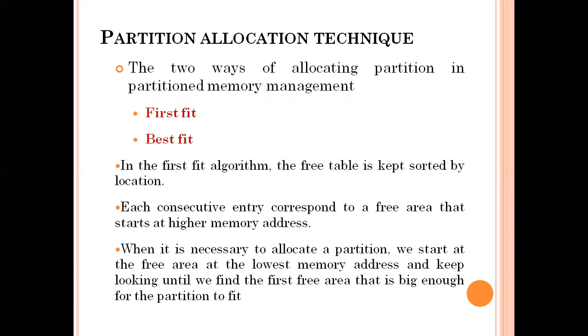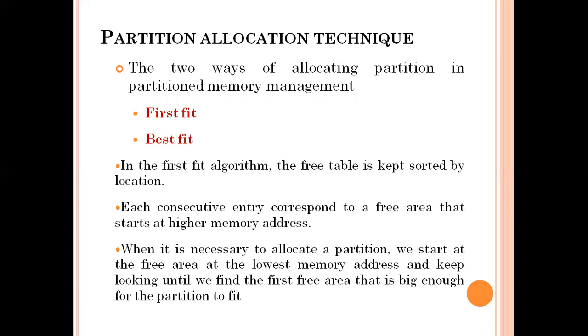The first entry in the table indicates the partition which is in a free area at a particular address. The next entry in the same table indicates the next free partition whose address is higher than the previous one, because we first maintain a table of all the free partitions and sort them according to their address.